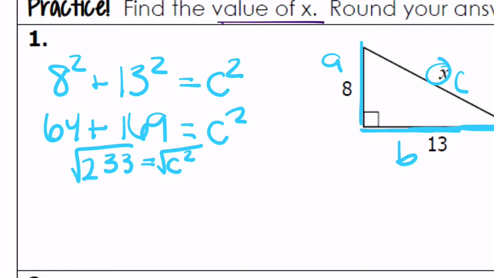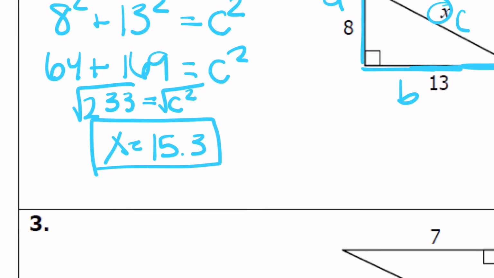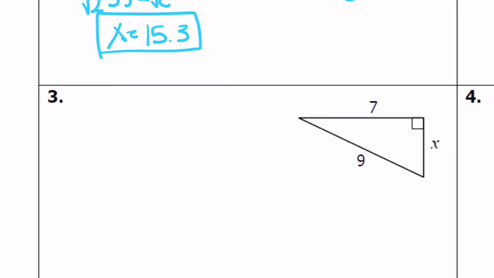That leaves c equal to 15.3. I'm going to write that in here so that we're clear, because we're trying to find x. x equal to 15.3. And that's our hypotenuse.